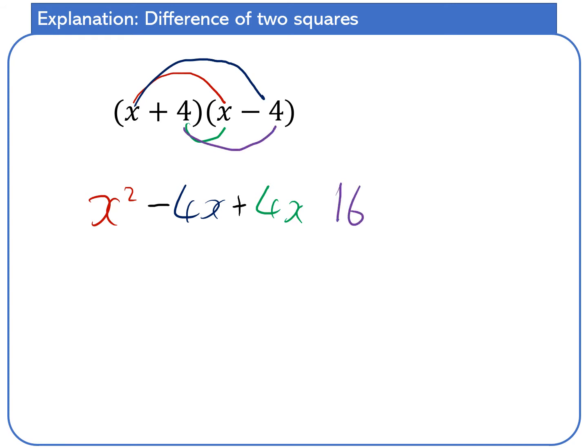Positive and a negative is a negative. Now what we can see is that these two cancel each other out, so it just leaves me with x squared minus 16.